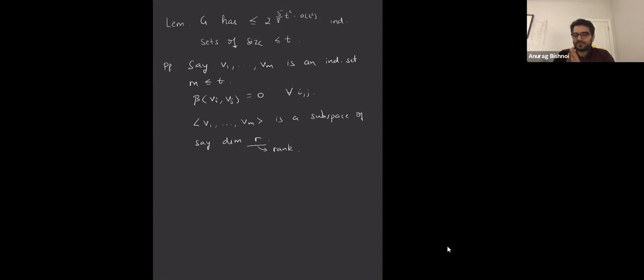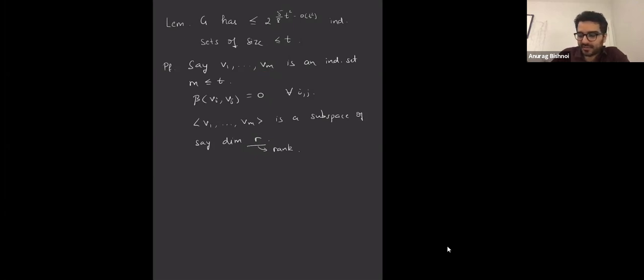Okay, so here's our approach for actually counting the independent sets. I'm going to estimate all the independent sets of size m that have rank R. And once I have done that for some given R, then I can just sum over all possible values of the rank, and then that gives you an estimate, right?